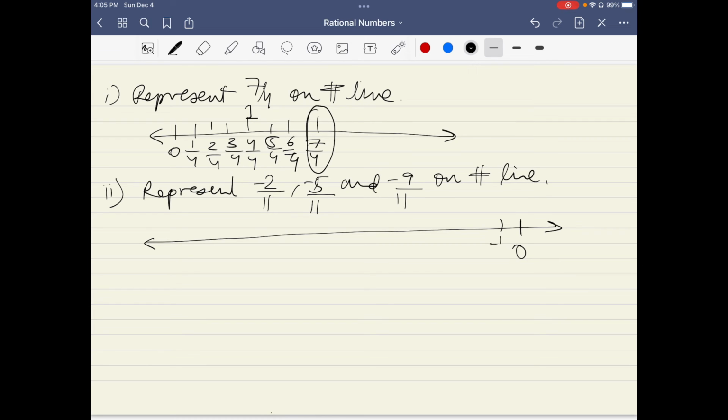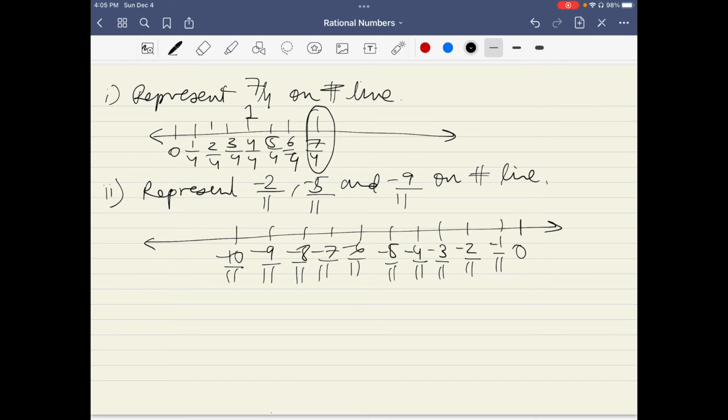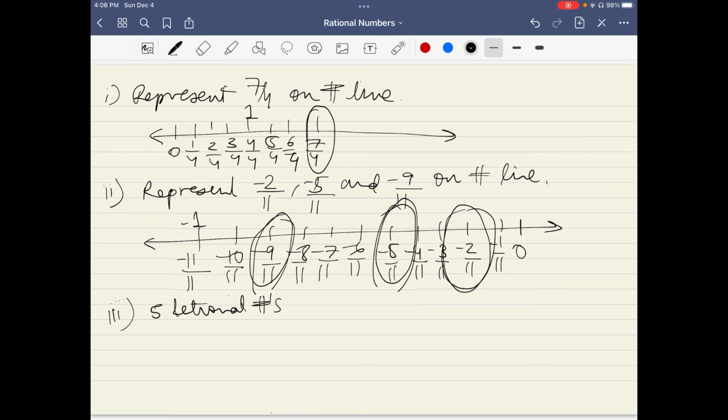See, minus 1 over 11, minus 2 over 11, minus 3 over 11, minus 4 over 11, minus 5 over 11, minus 6 over 11, minus 7 over 11, minus 8 over 11, minus 9 over 11, minus 10 over 11, minus 11 over 11, which is minus 1. So minus 2 over 11 is right here, minus 5 over 11 is right here, and minus 9 over 11 is right there.